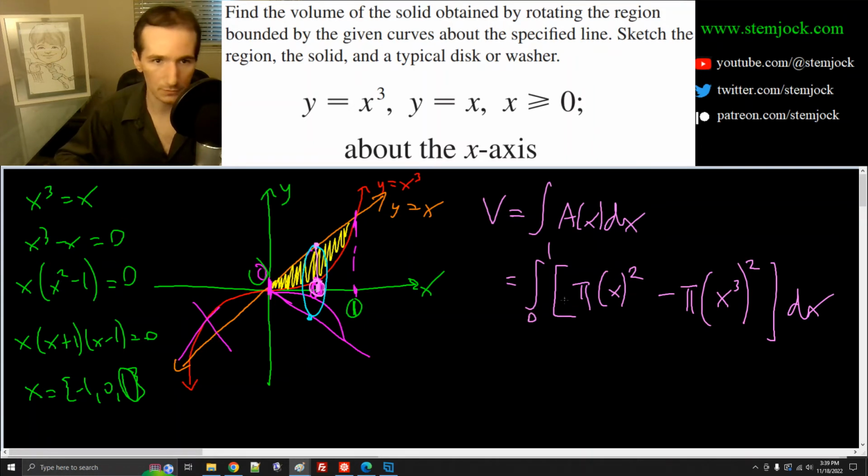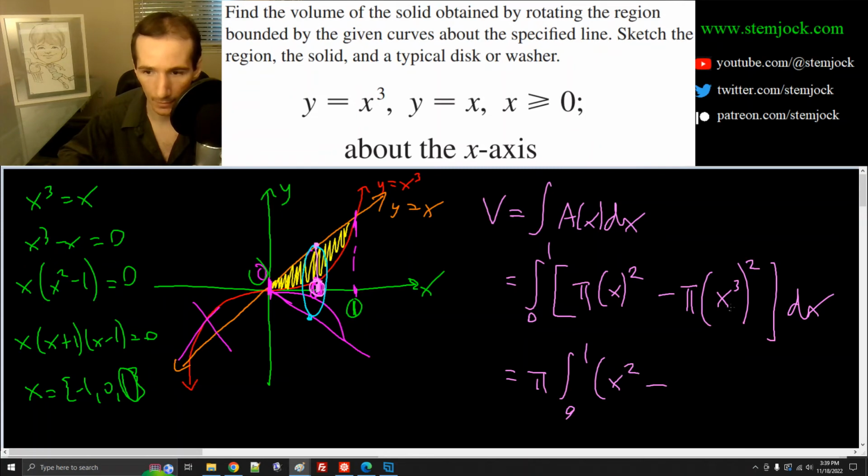And now it's just a matter of calculating. So I'm going to factor the pi out and bring it out in front of the integral. So this is pi times the integral from 0 to 1 of x squared, and now minus x cubed squared, which is x to the 6th, dx.